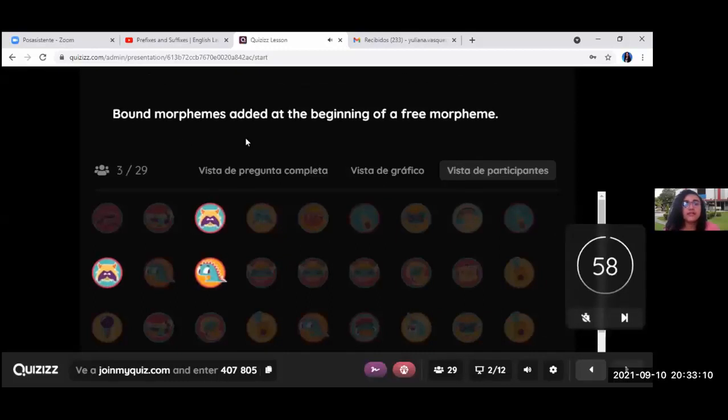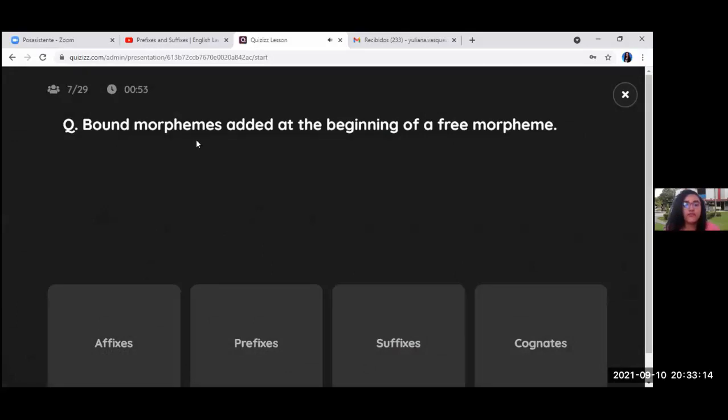Bound morphemes added at the beginning of a free morpheme. Affixes, prefixes, suffixes, or cognates. Okay, I have answers in the chat box.